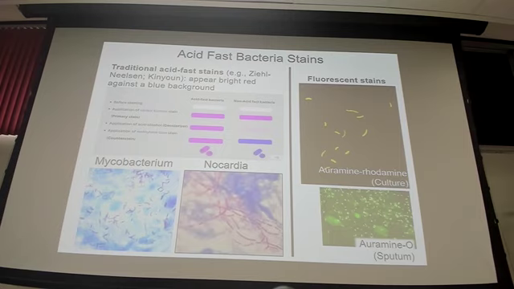With those stains, we've talked through most of this, but these traditional acid-fast stains, the heat-required one, Ziehl-Neelsen, and the cold stain came in. Both of them work by applying this carbol fuchsin stain as a base, and if it is acid-fast, when you decolorize, it will retain that carbol fuchsin stain. So you have a nice pink cell there.